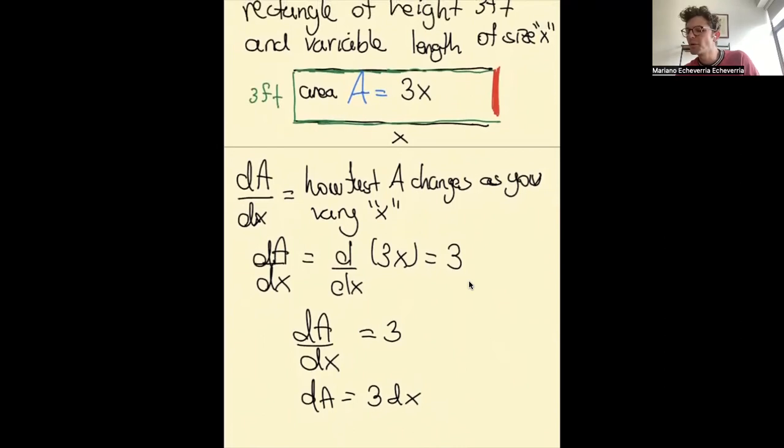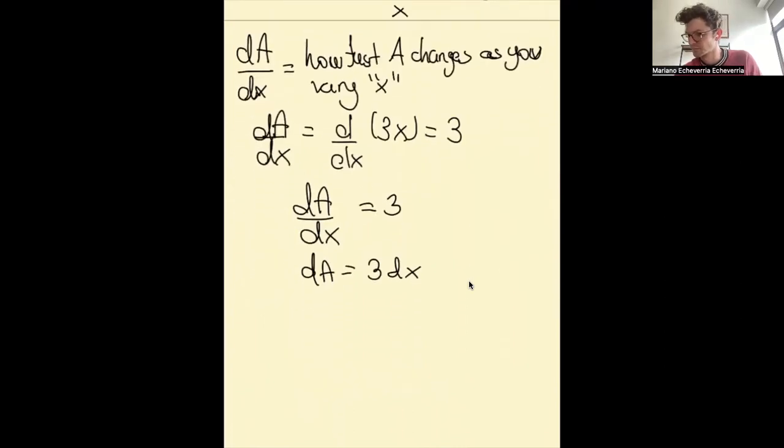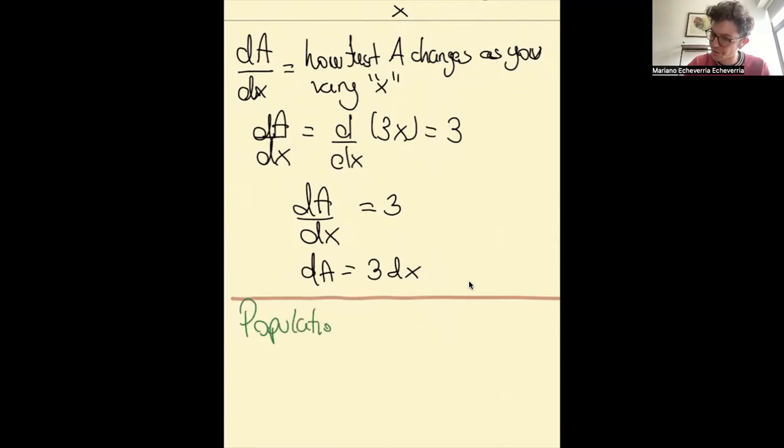So another example of this is population growth. That's a very common interpretation of this stuff involving derivatives.